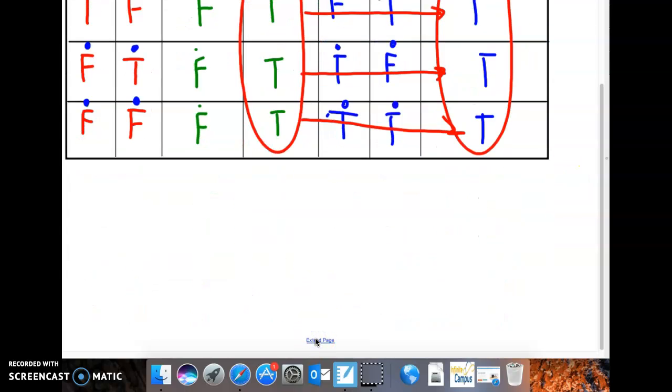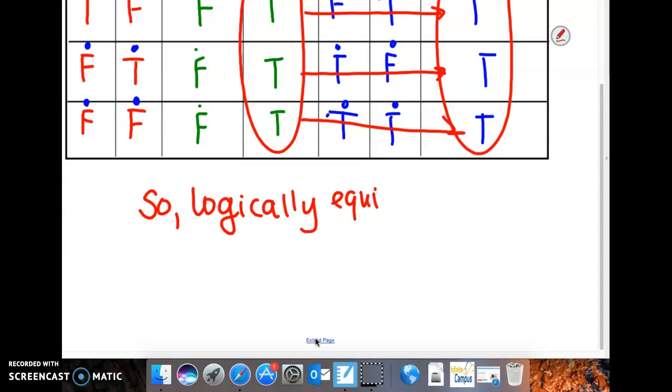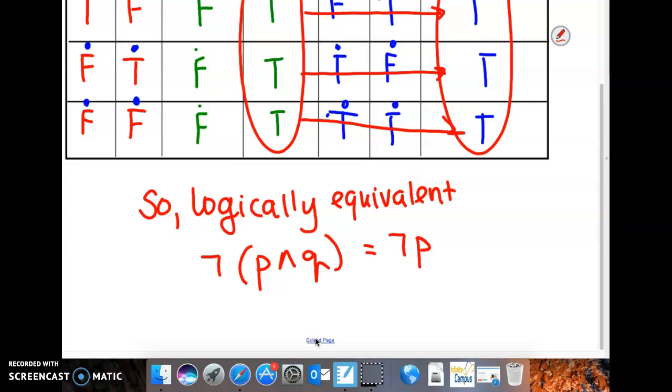So how you can write that, logically equivalent, they mean the same thing. Not P and Q is the same as not P or not Q. They're equal to each other.